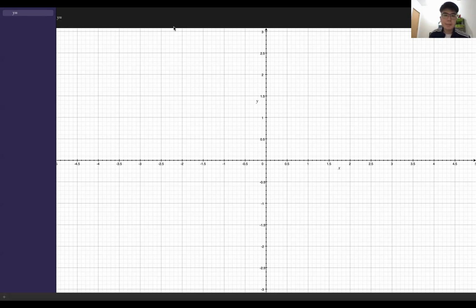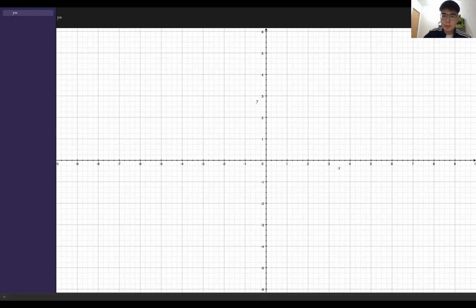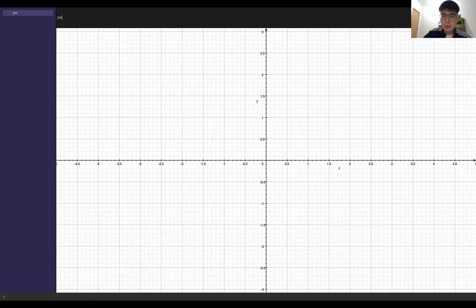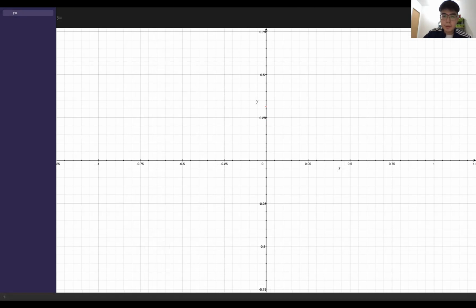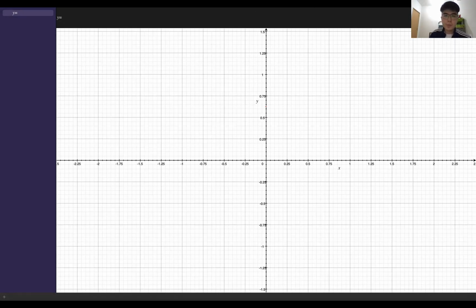Now you can use like this, if you are using a graph paper. I cannot switch the scale. Okay, never mind, we use like this. We use 2.5 boxes up and 2.5 boxes down for the dimension of the lens.